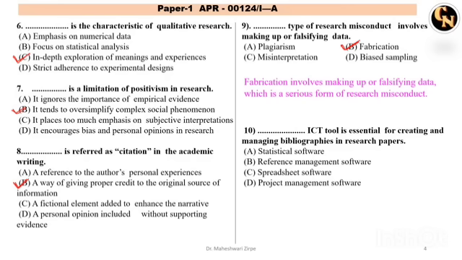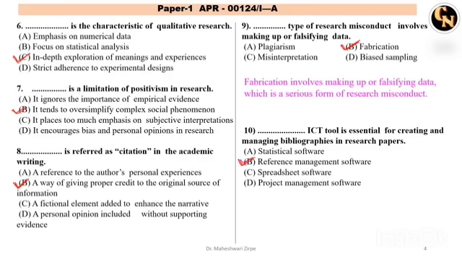Now the 10th one is: dash ICT tool is essential for creating and managing bibliographies in the research paper. So here, which is the important tool? There are different tools we can use for managing the bibliography. Basically we call them reference management software, so option B is the correct option.